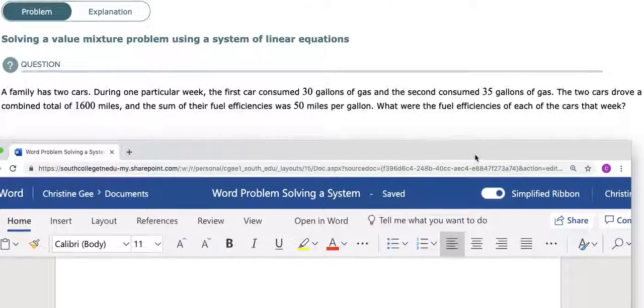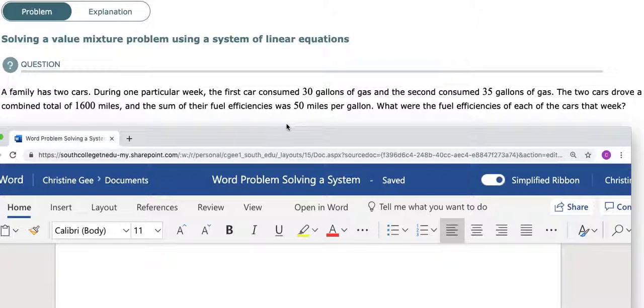We've got the first one going, and then the next one says the two cars drove a combined total of 1,600 miles. So we don't have their mileage. We just have the number of gallons of gas each car consumes.